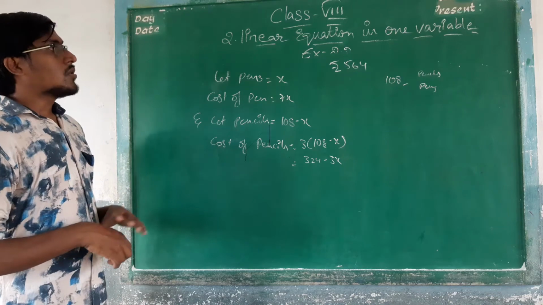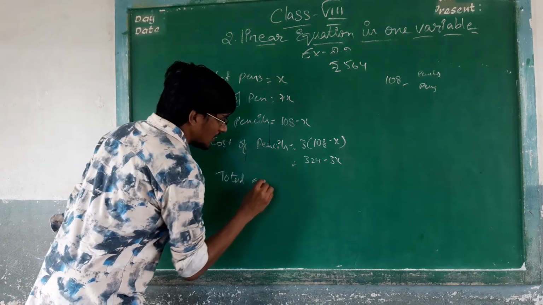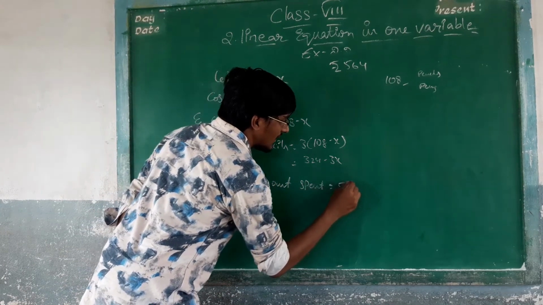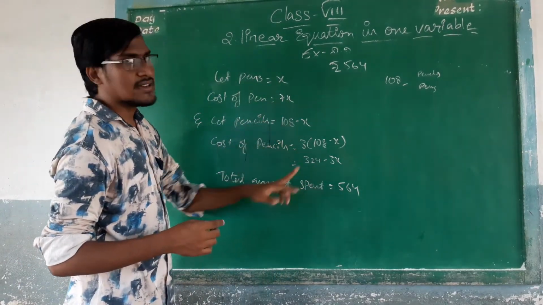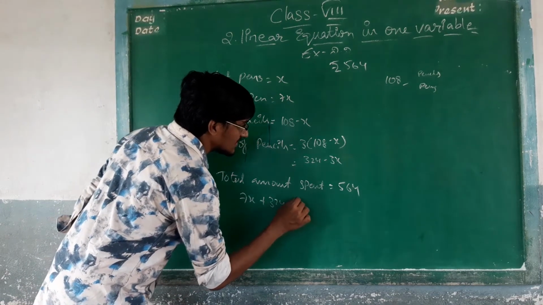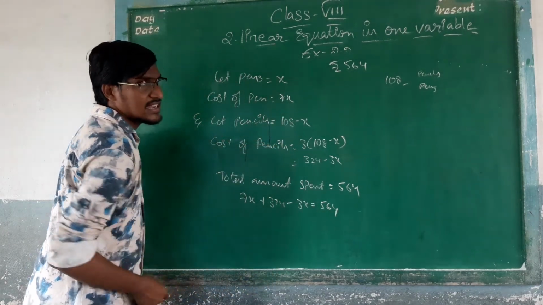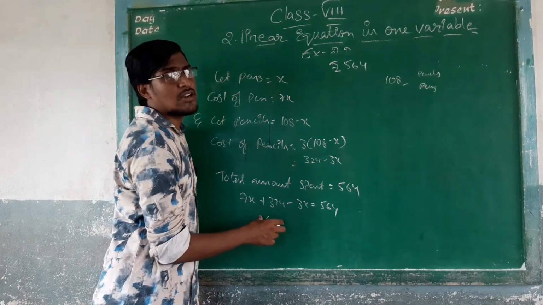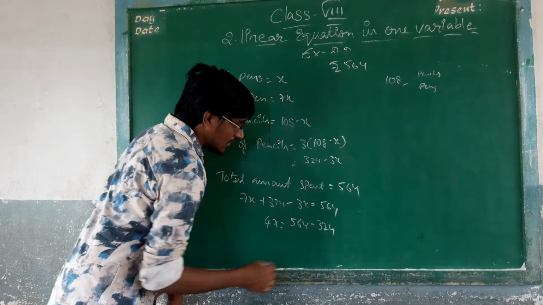So total amount spent equal to 564 rupees. Okay, so the total amount is 7x plus 324 minus 3x equal to 564. 7x minus 3x that equals 4x, equal to, moving this 324 to the right hand side, it will become minus 324.